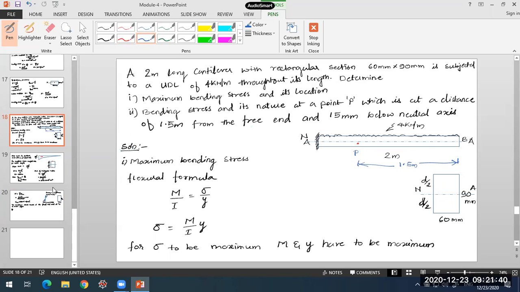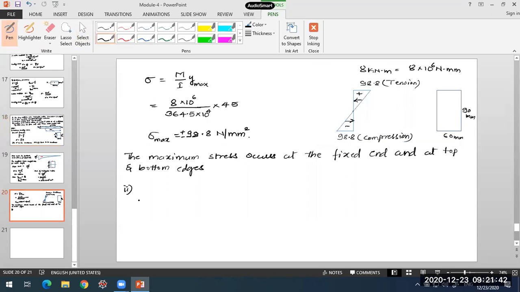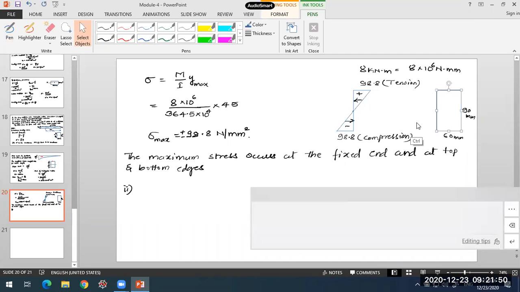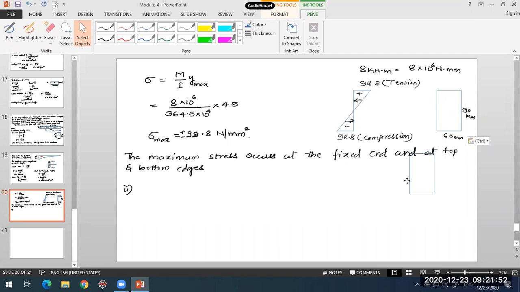So let us take that and determine it. Now for that purpose, what you require first is the bending moment at a distance of 1.5 meter from the free end, and then we'll go for determining the bending stress at that point P. This is the point P, 15 mm below the neutral axis, so the distance y is given to us in this case. y is 15 mm.